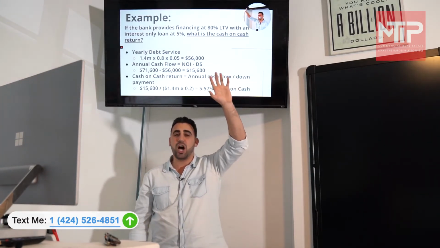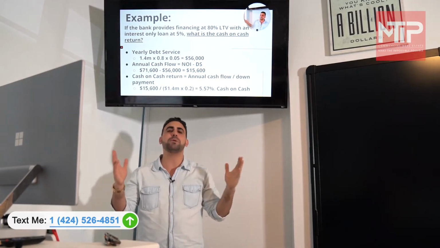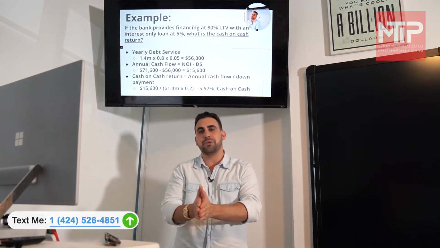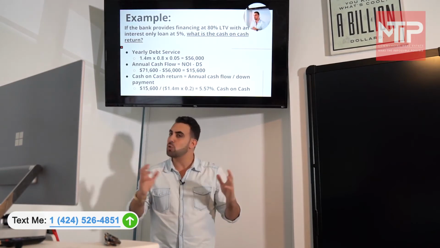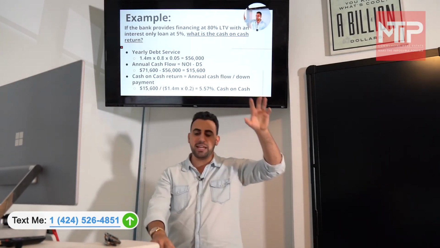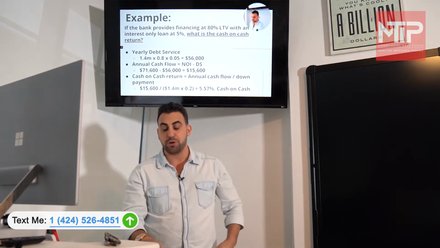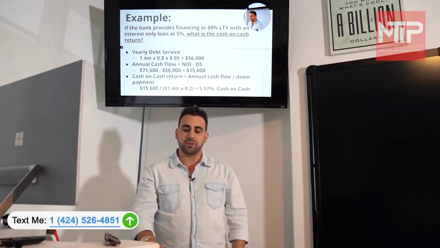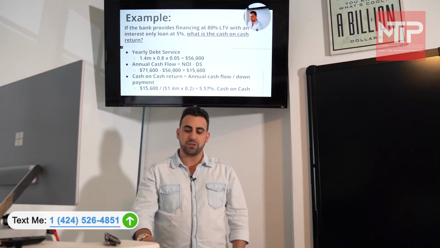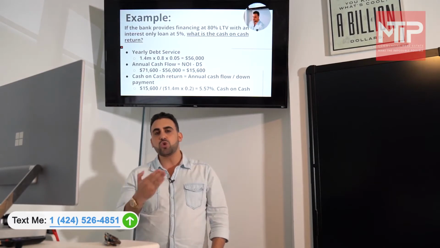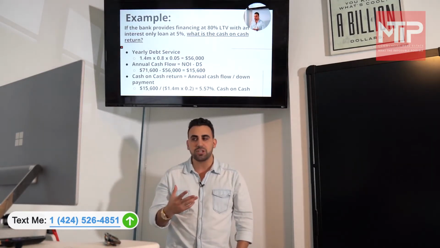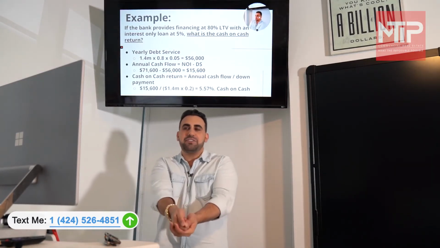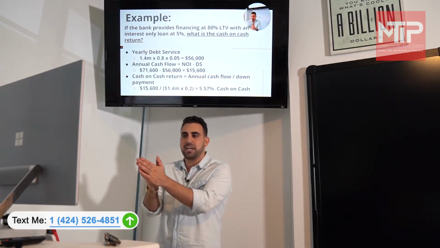So if you take 100 minus 80, 20% is what you have to put down. How do you get a dollar amount? Quick math: 1.4 million, which is your purchase price, multiplied by 20%, or 0.2. You get $280,000 is what your down payment is going to have to be to buy this deal.